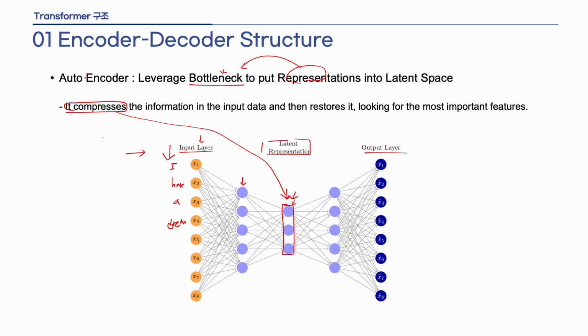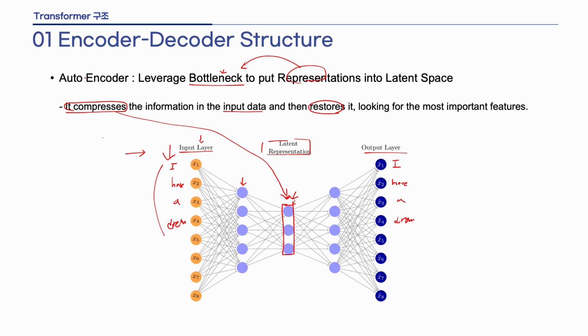The target of this system is to restore its input data. So the system should predict the sentence "I have a dream."